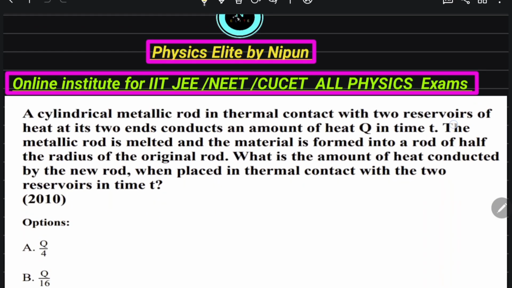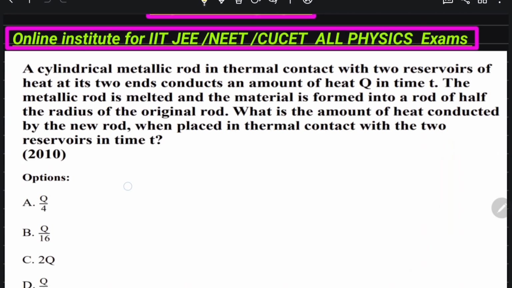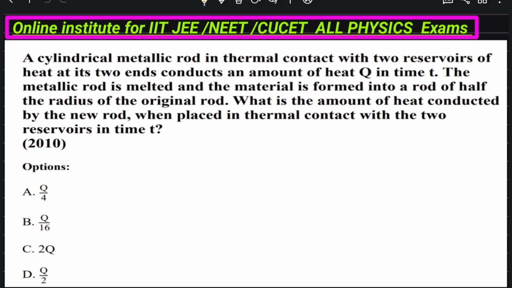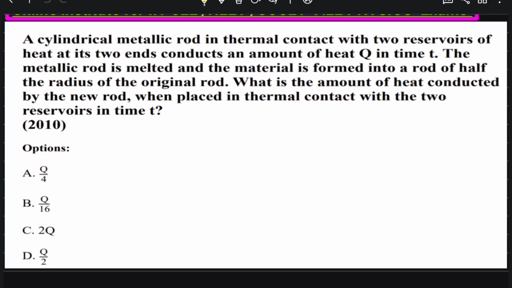Now I proceed to the next question. What is this question saying? A cylindrical metal rod in thermal contact with two reservoirs of heat at its two ends conducts an amount of heat Q in time t. The metallic rod is melted and the material is formed into a rod of half the radius of the original rod.